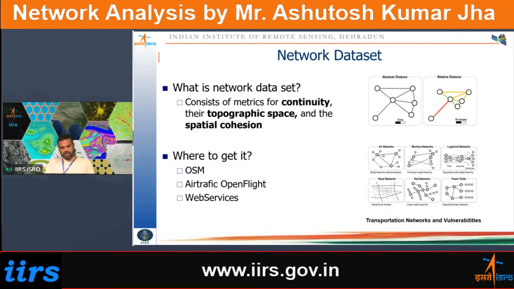Then you can also get open flight air traffic data sets that can also be used for network analysis. And there are a lot of other web services which can also provide you the network data sets which you may need.